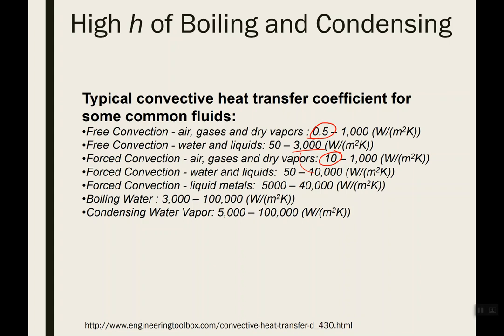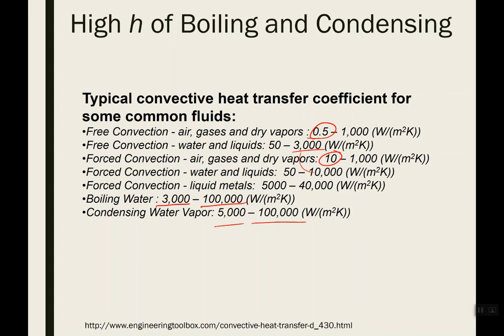So now, when we go to boiling and condensing, I want you to take a close look at the magnitude of these numbers here. For boiling water, now our lower limit is 3,000 watts per meter squared Kelvin up to 100,000. When there is condensing water vapor, we're at 5,000 to 100,000.